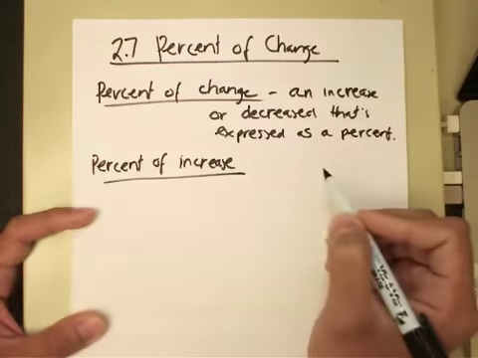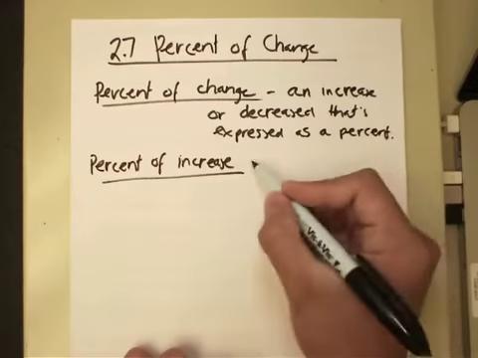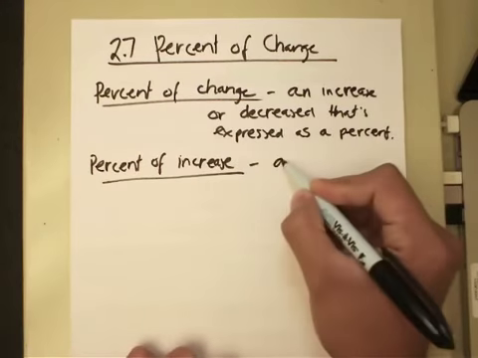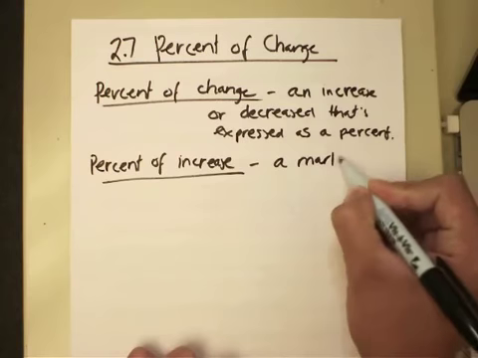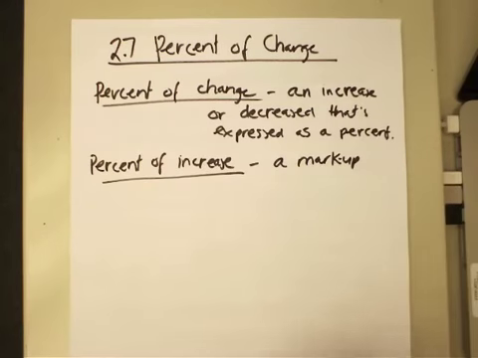When you actually experience this kind of change, a good example would be a markup. What is a markup? Let's say you're a store owner and you're buying something. In order for you to make profit, you have to raise the price, and that is considered a markup.